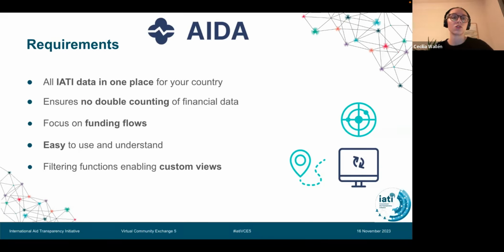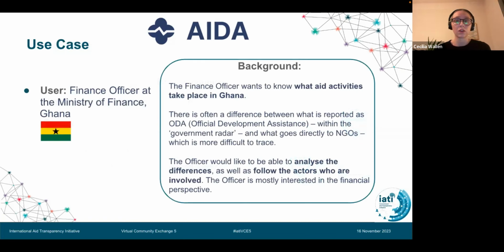So building on your input that we already got in Copenhagen, and hopefully we'll get some more now, we're looking to develop a dashboard or a portal that includes more metrics than only financial data, that can be disaggregated into more relevant contexts for you.